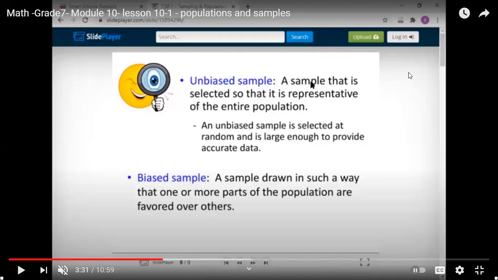Who can give me an example about a biased sample? We said this yesterday. Give me in your own words. Yes, Yekari. You said going and asking people what their favorite sport is while they are watching baseball or basketball.